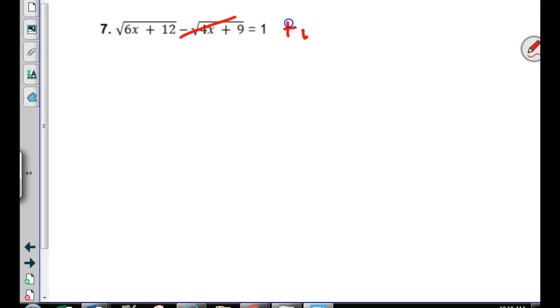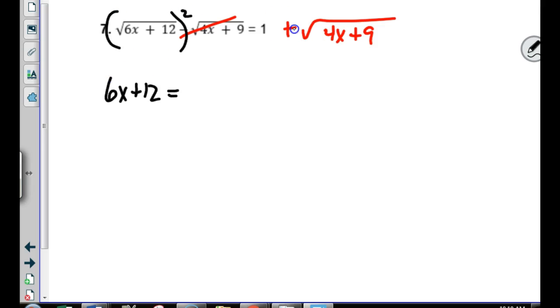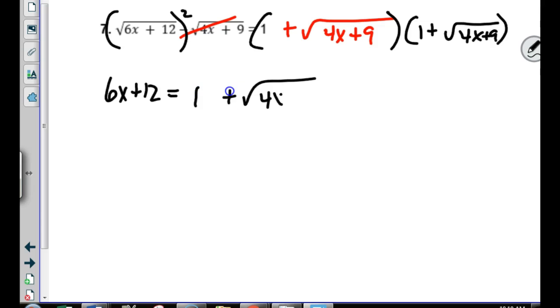If I add this over here, okay, when I square the left side, I'm just going to get 6x plus 12. When I square this side, I have to write this out. Okay, I get 1 times 1 is 1, plus 1 square root of mess, plus another square root of mess.